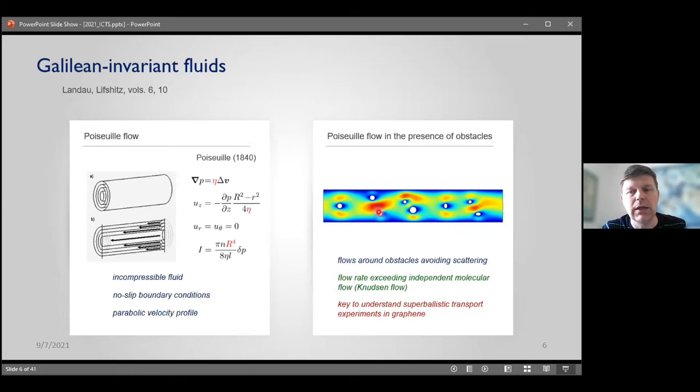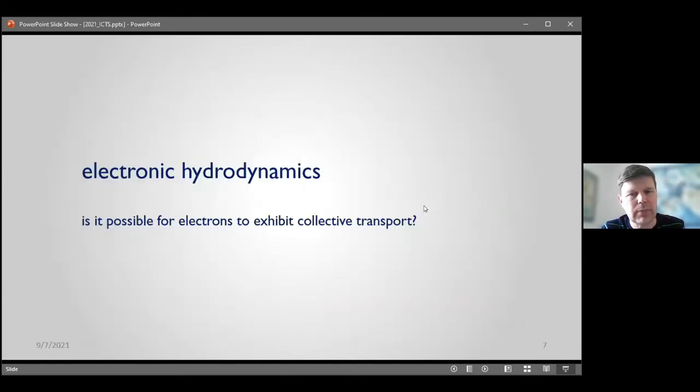In that case, it might actually be more effective in transporting the fluid through the system than a ballistic flow where particles scatter off everything. In particular, this type of behavior is key to understanding the so-called superballistic transport experiments, which were performed in graphene a couple of years ago.